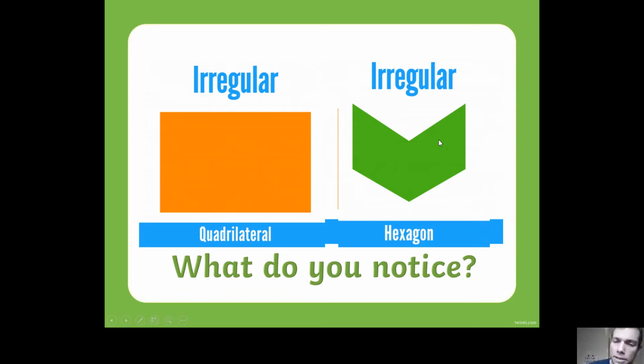They are the same length, but this time it's the vertices that have changed. We can see this one is a larger angle than the corner of a book, larger than our right angle, and this one is a smaller angle than the corner of a book. That means this shape is an irregular hexagon.